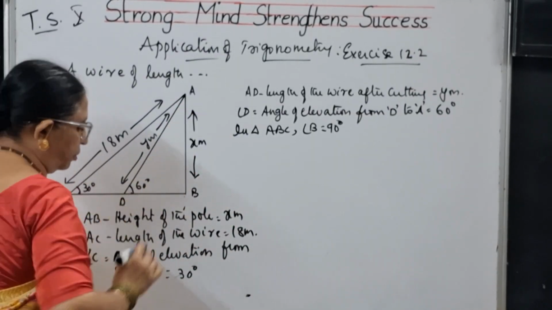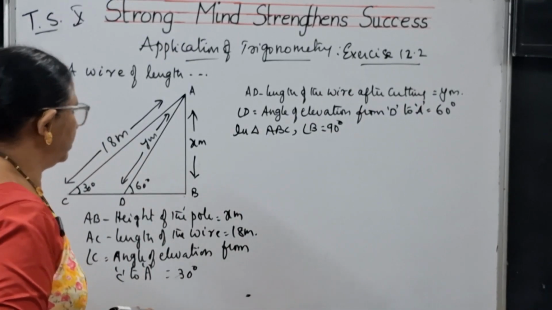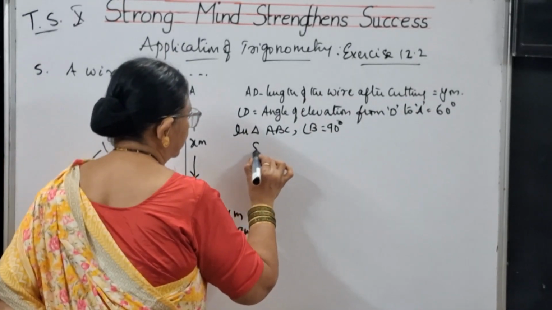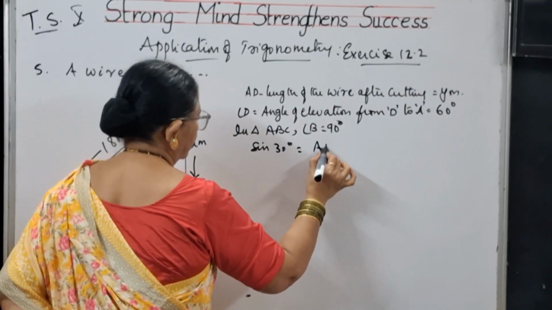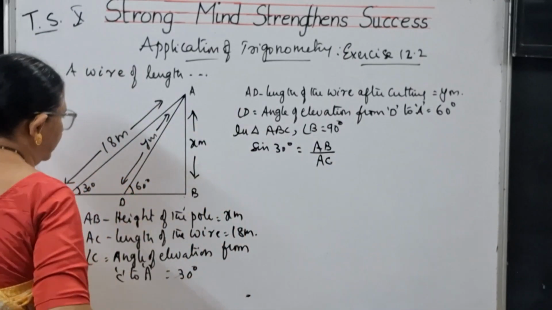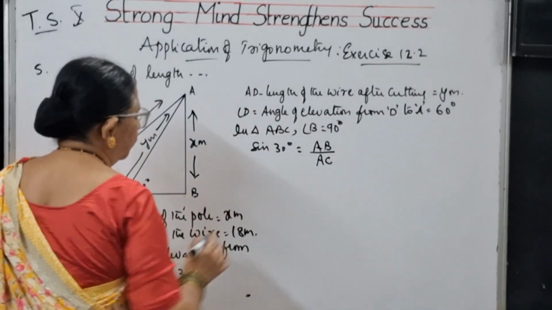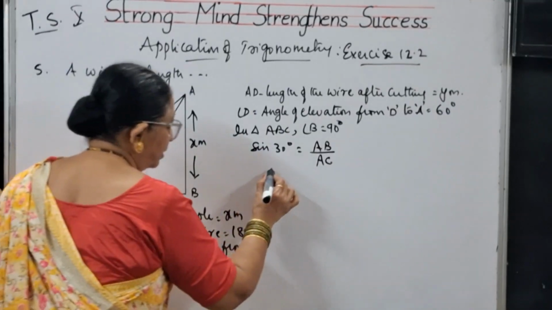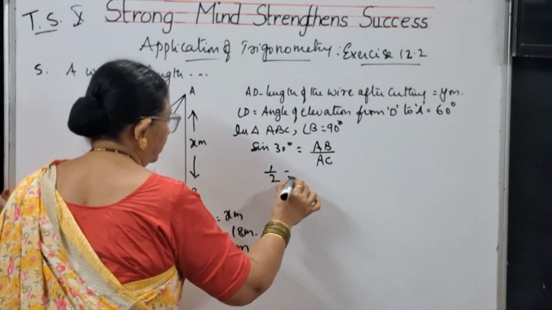Opposite side and hypotenuse is what? Sine theta. So you are going to talk about sine 30 degrees. Sine 30 degrees is nothing but AB by AC. Opposite side is AB and hypotenuse is AC. What is sine 30, children? Sine 30 value is 1 by 2. In the table you can find out.